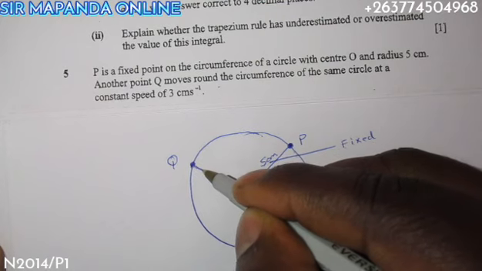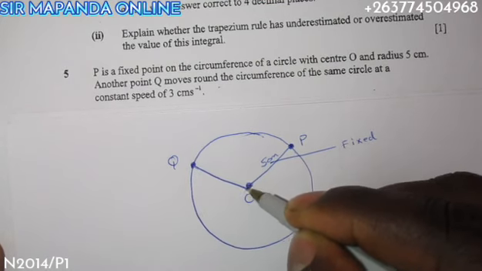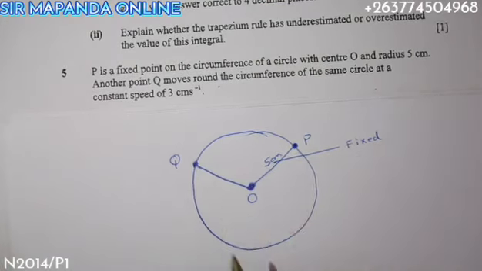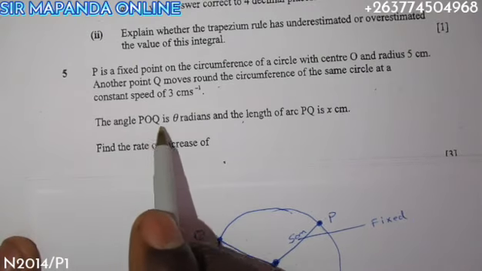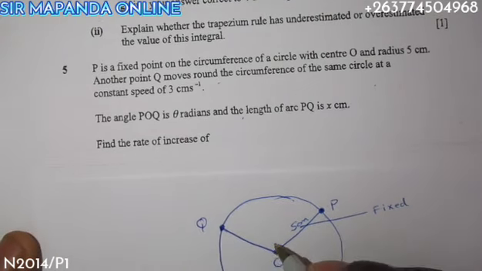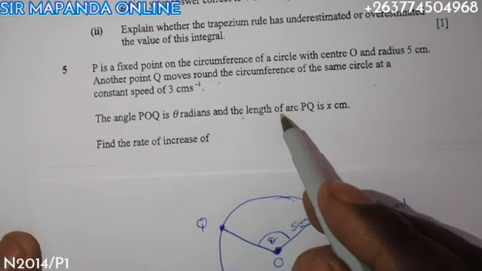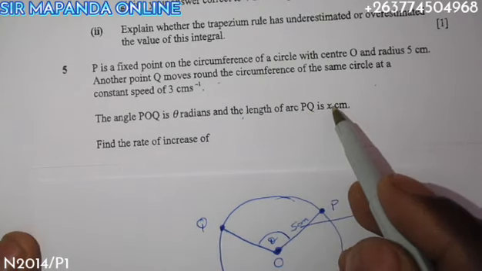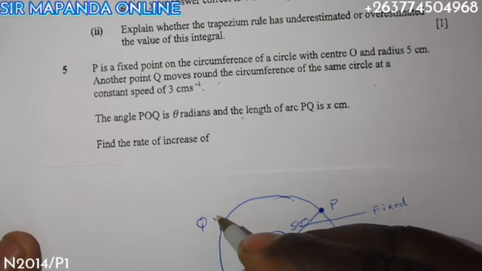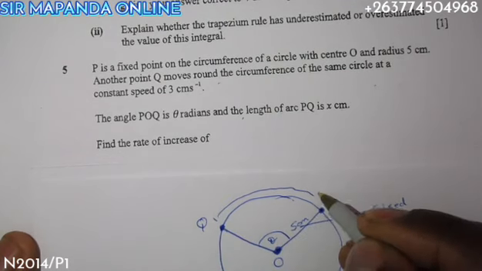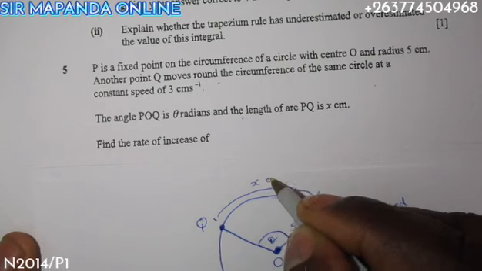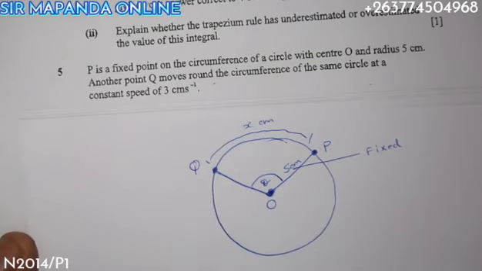So let me connect POQ. The angle POQ is theta radians. So this is theta. And the length of arc PQ is x centimeters. So they are saying the distance from Q up to P is x centimeters, something like this.